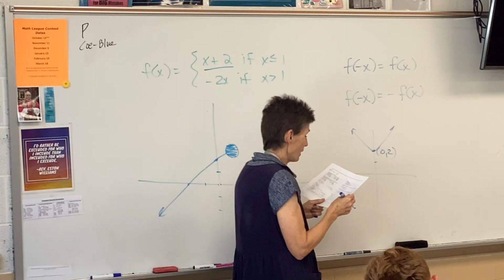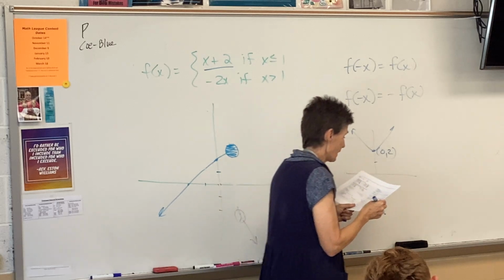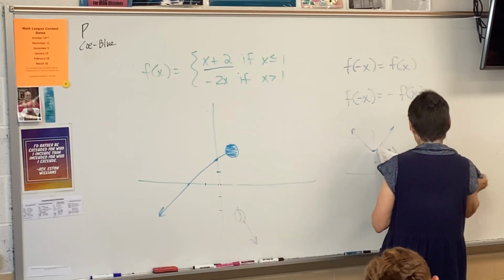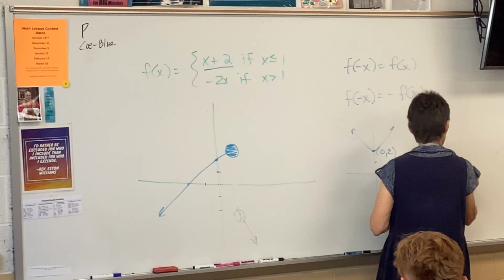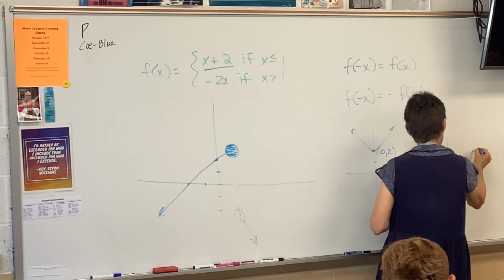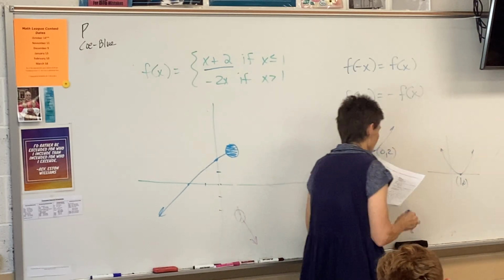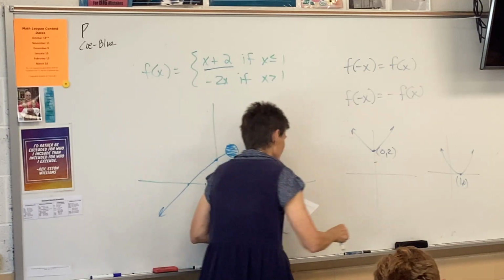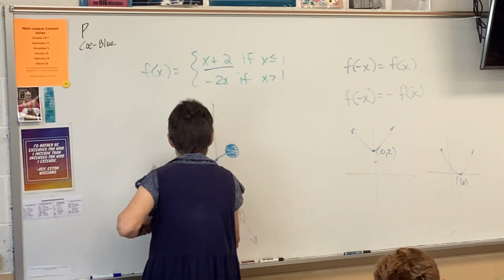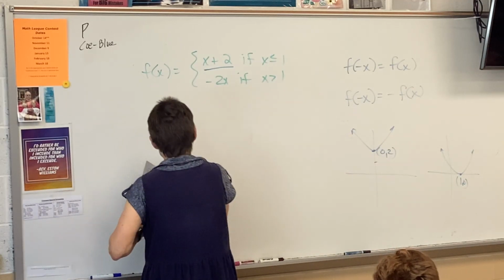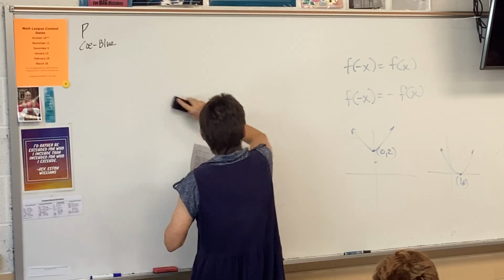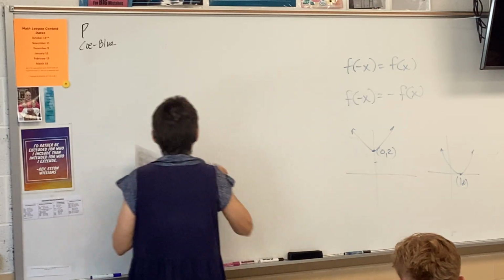What would B look like? A parabola, shifted right. And what would C look like? A sine curve, down 1.